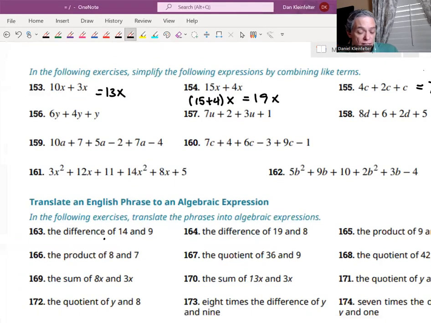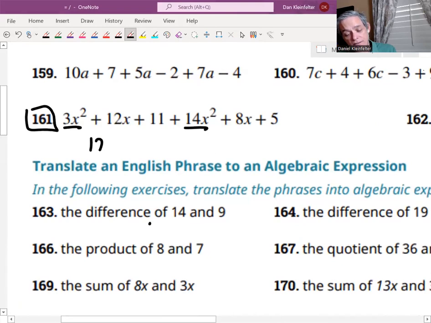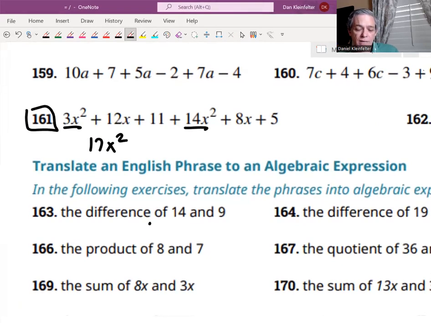Okay, let's try a big one, 161. Here, there's several different kinds of things we're going to add up. Let's take the squared parts first. We have 3x squared and 14x squared. That will make 17x squareds. I don't know what an x squared is, but I've got 17 of them. In x's, we have a 12x and an 8x.